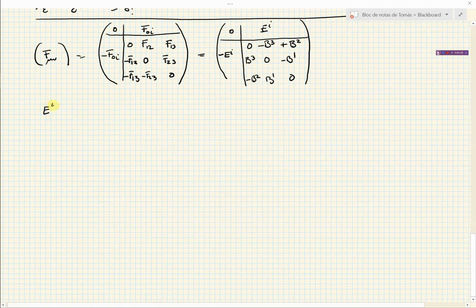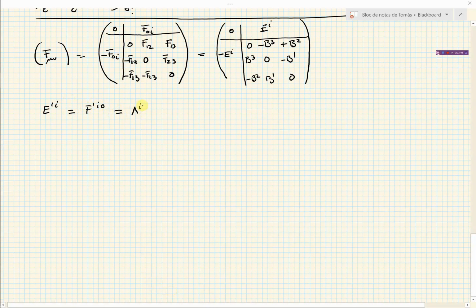We want to find what the components E prime i are. By definition this is F prime i 0. We are using upper indices, so they transform contravariantly, and we have by definition F mu nu.